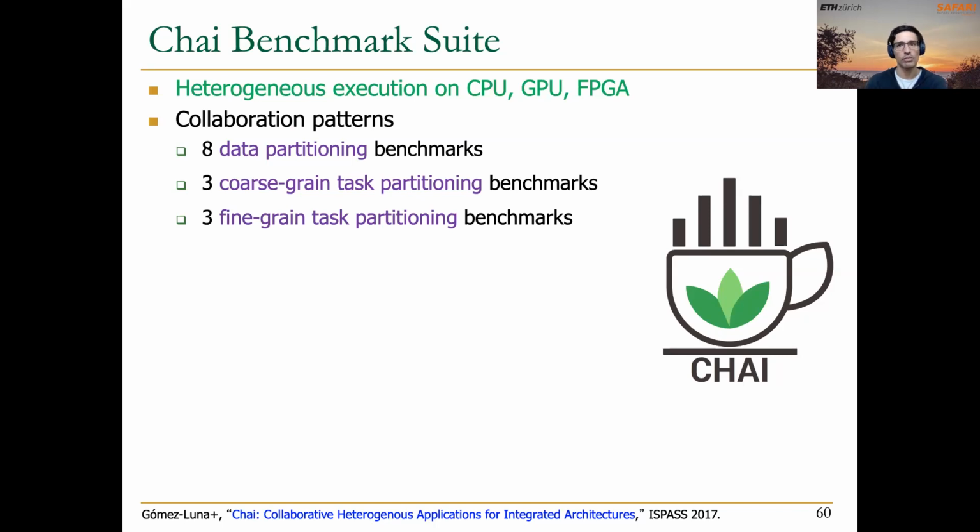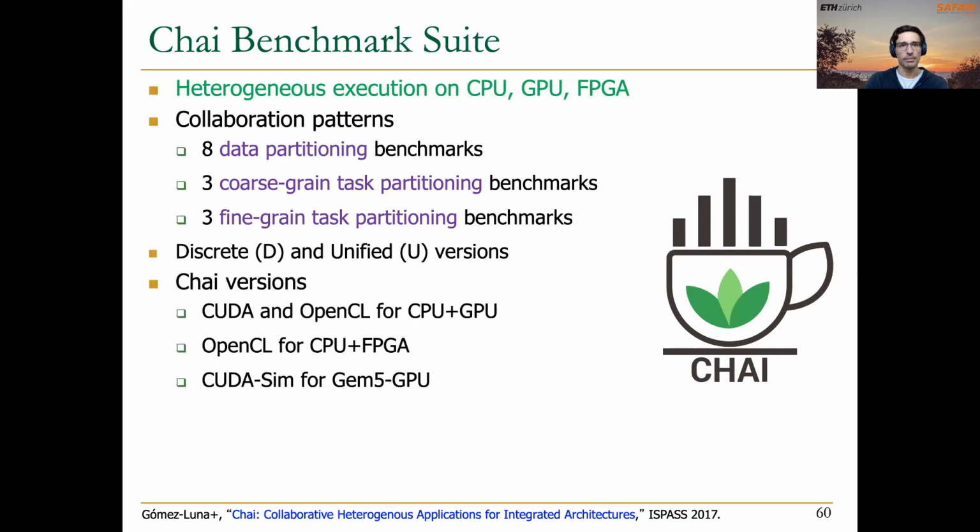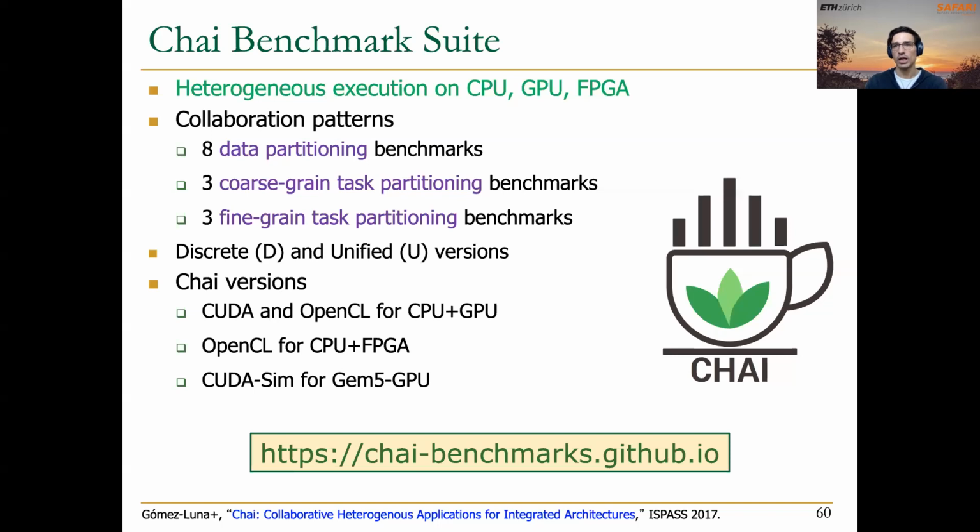We will talk about these collaboration patterns and the CHAI benchmark suite in a future lecture. It's a benchmark suite containing heterogeneous workloads written in different programming languages like CUDA and OpenCL. And here you have a link to access the website, and from there you can also access the paper and the repository.